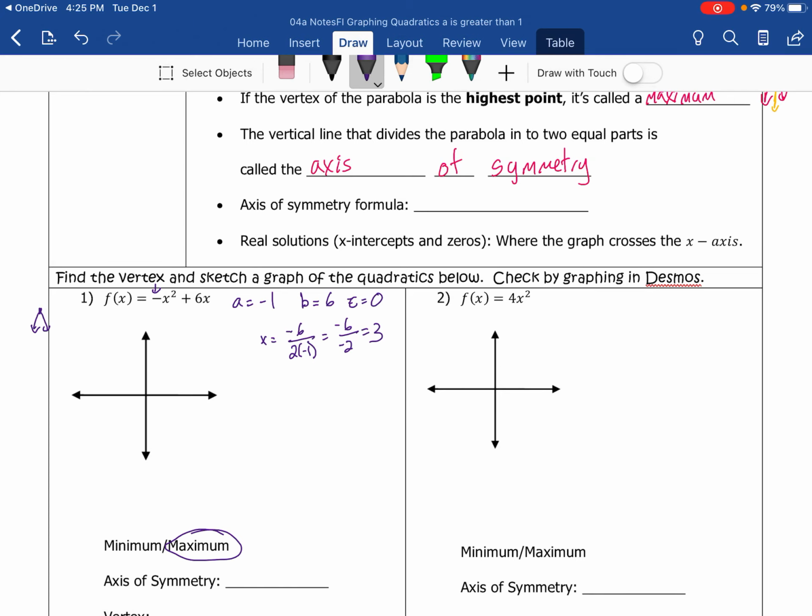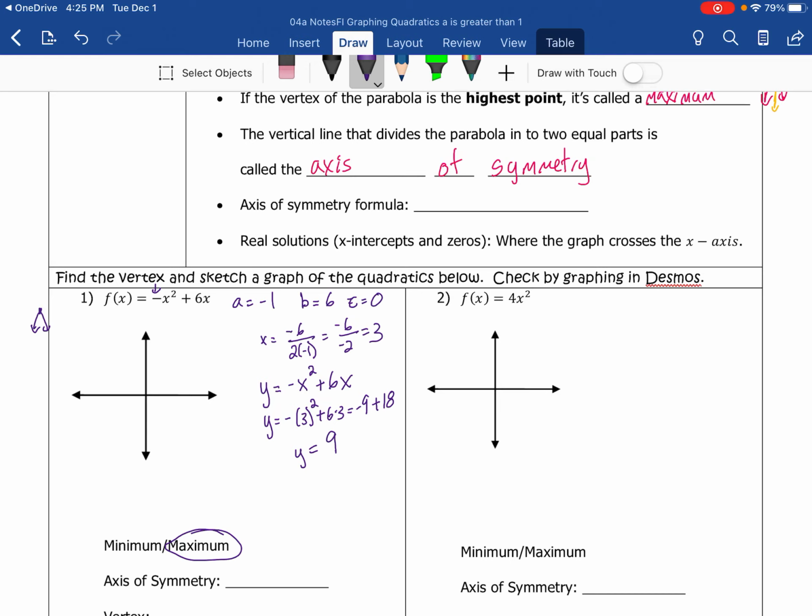To find the y value of your vertex, you plug it into the original equation. So my original equation is f of x, or y, is equal to -x squared plus 6x. I'm going to substitute 3 in. So y is equal to -3 squared plus 6 times 3, which is -9 plus 18, so my y value is going to be 9.